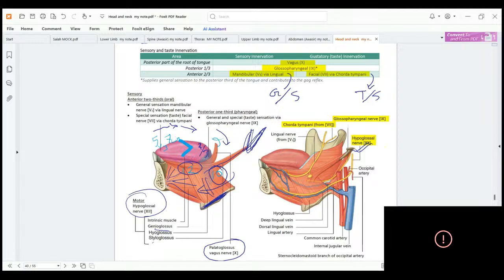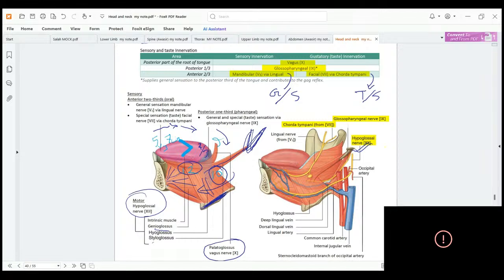And now the nerves. Here we have the chorda tympani. You can see this one, and here the three nerves: hypoglossal, marginal mandibular and lingual. The lingual nerve we have already seen.